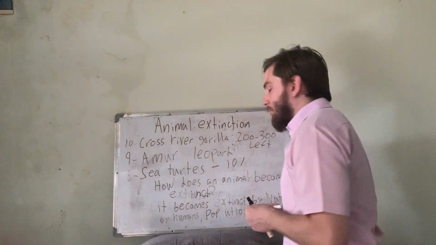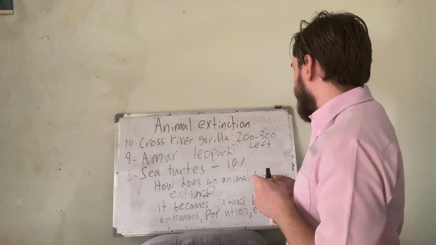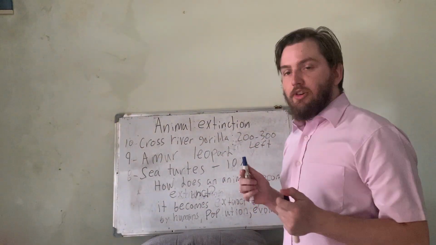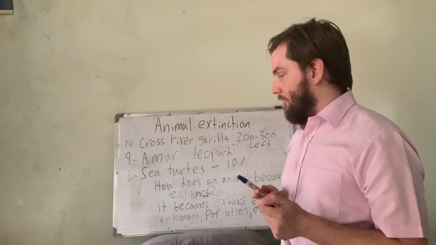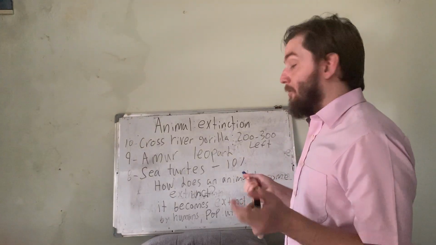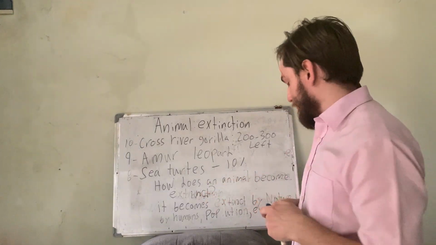Those ones I'll explain later. Evolution, pollution, nature, but those are what cause some of the things that happen to the animals.